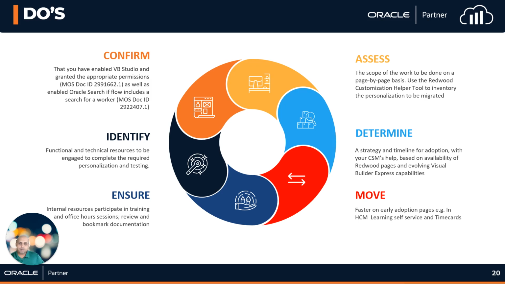Do determine a strategy and timeline for adoption with your customer success manager's help based on availability of Redwood pages and evolving Visual Builder Express capabilities. Do ensure internal resources participate in training and office hour sessions. Review and bookmark documentation. Do move faster on early adoption of Redwood pages.